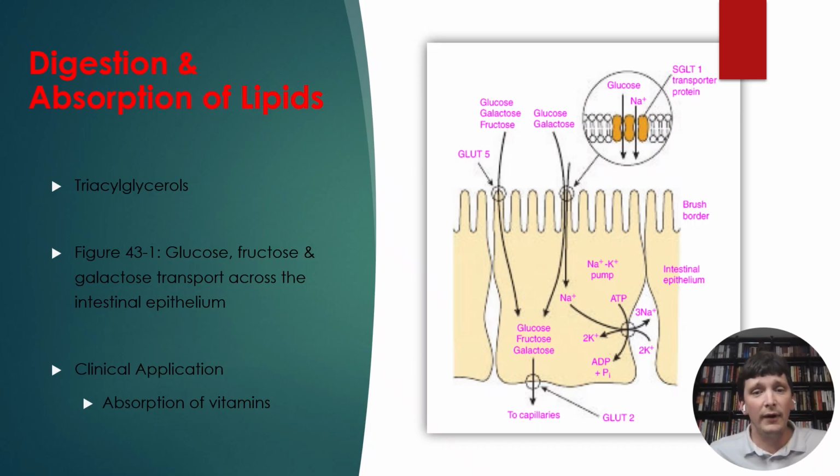Inside the cells, fats are rebuilt and packaged into chylomicrons, which enter the lymph system before reaching the blood. This is how we absorb fat-soluble vitamins like vitamin A, vitamin D, vitamin E, and vitamin K. Some of the clinical application here really focuses on the absorption of vitamins. It's very important to understand how the body can absorb and obtain them in order for us to stay healthy.